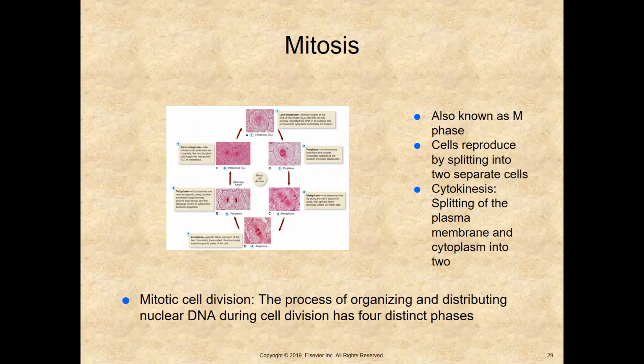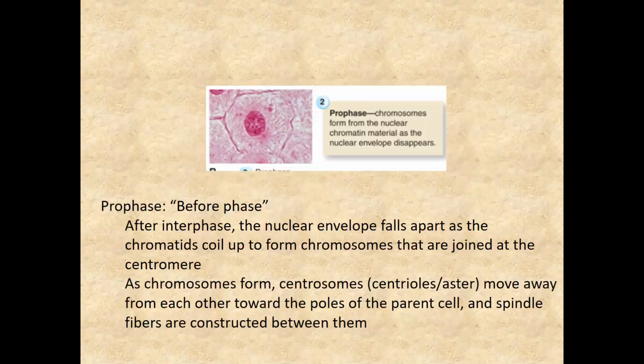Each of them has to go into different cells. So the first phase is called prophase, and that is characterized by loss of the nuclear envelope, and the chromatids are going to start to condense and come together.